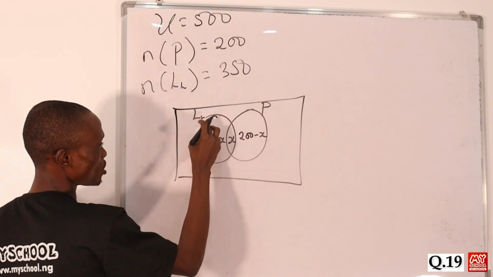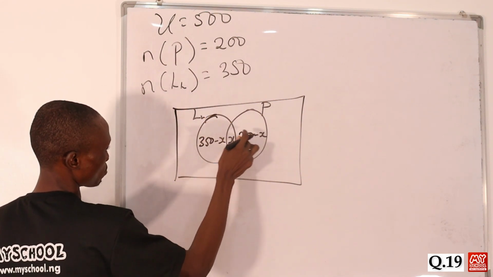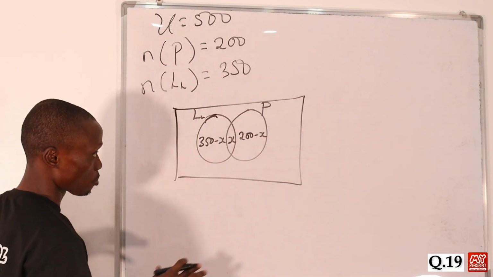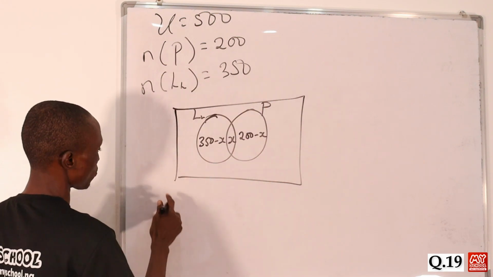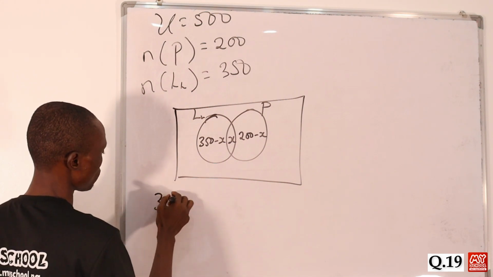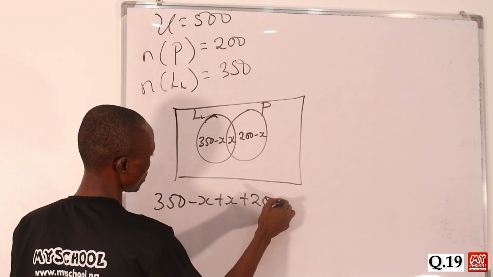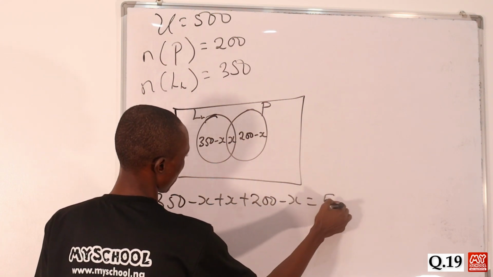Okay, so if we add everything we have in each of these parts of the circles together, it will be equals to the total number of people in the population or in the village. Okay, so here we'll be having 350 minus x plus 200 minus x is equals to 500.